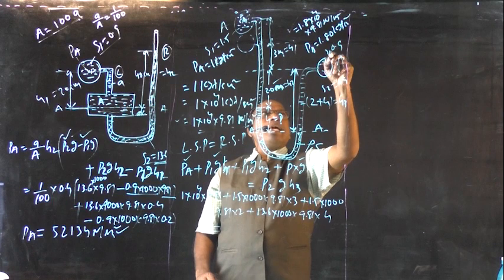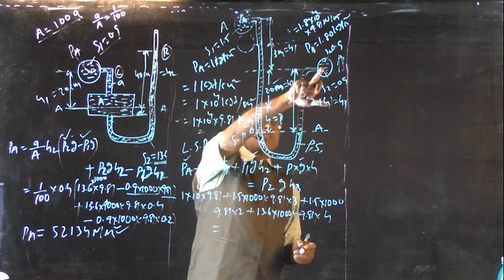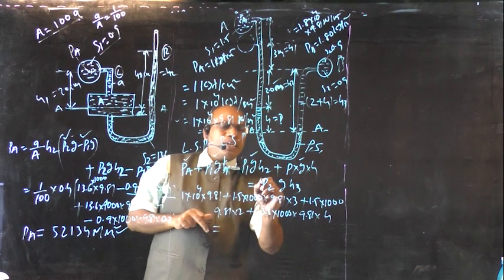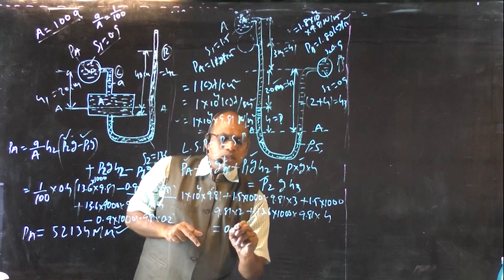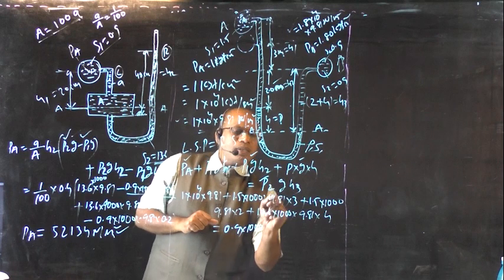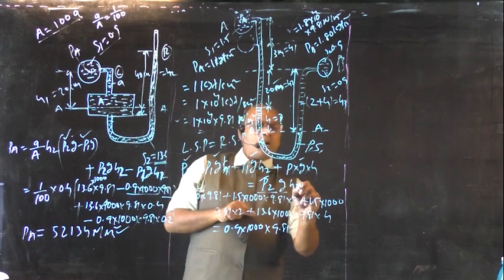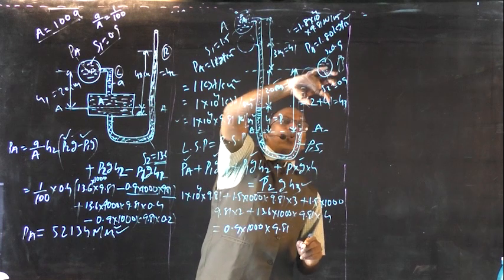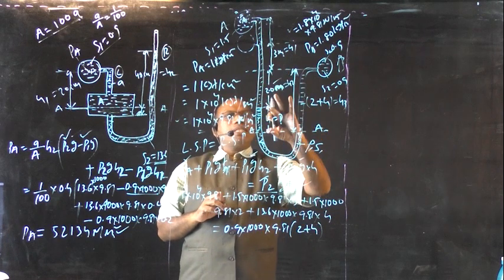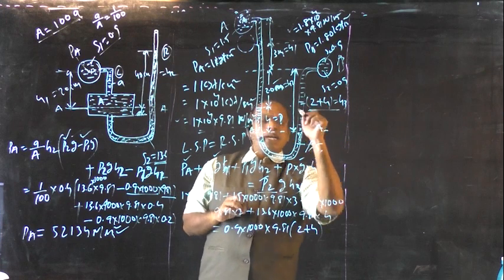Therefore density of the flowing liquid in the pipe B is equal to specific gravity of the flowing liquid into density of the standard liquid. Therefore rho 2 is nothing but 0.9 into density of the standard liquid into 9.81, g value. H3 is nothing but 2 plus H, because this is 2 meters, this is H meters. 2 plus H is the depth of column in the right limb.